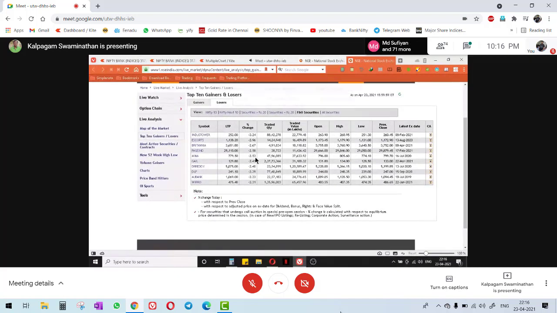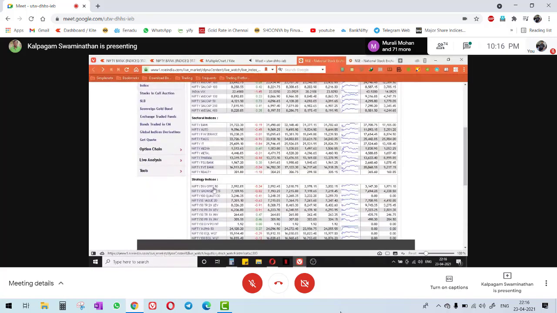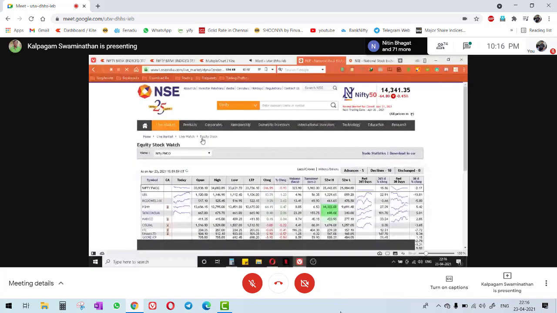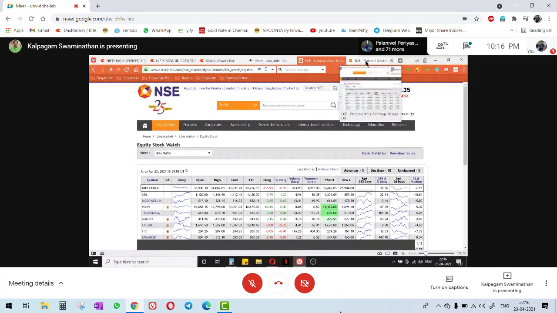And what determines a top gainer or loser? It's only your sectoral movements, no? Realty sector was down by 1.10%, which was the largest. Next was FMCG. If you see FMCG, you had UBL, McDowell, PGHH.